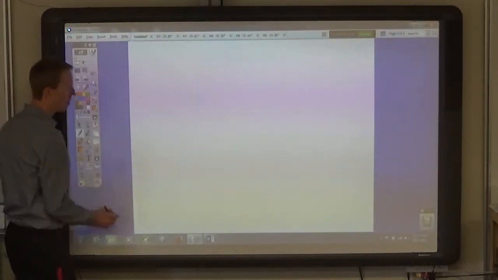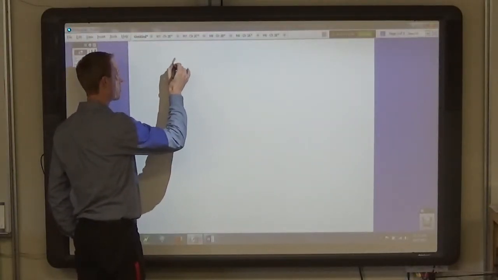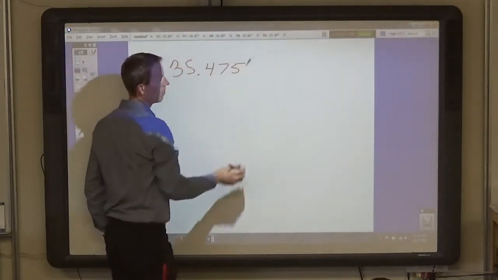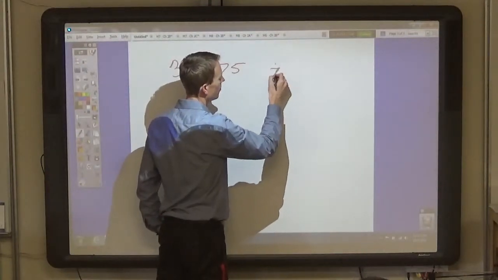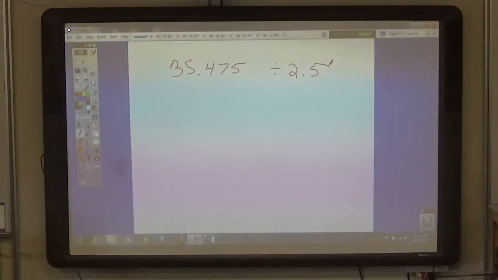How would we write this one? Rewrite that new problem without a decimal place in the divisor.